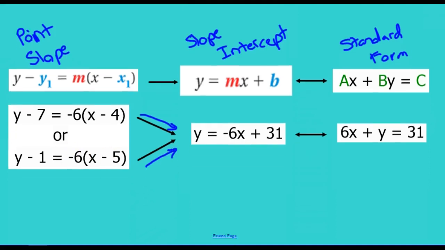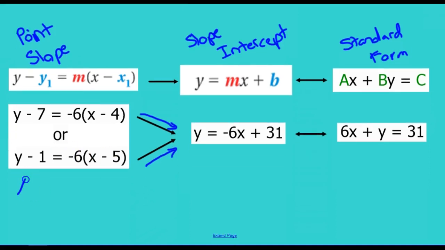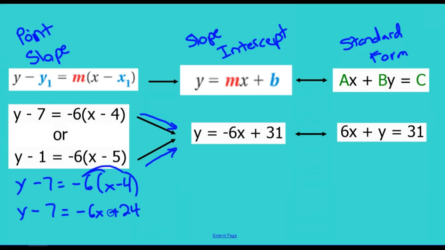And how it does that is if we use this top one, y minus 7 equals -6 times x minus 4. Well, if we distribute this -6, we get y minus 7 equals -6x, -6 times -4 is plus 24.